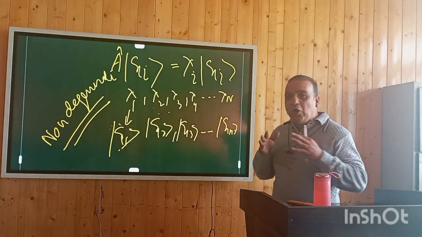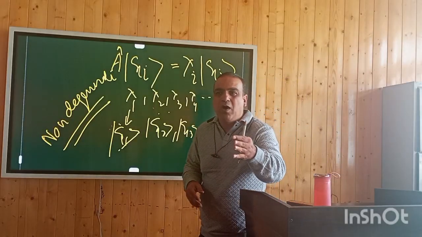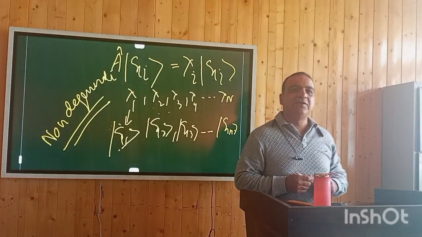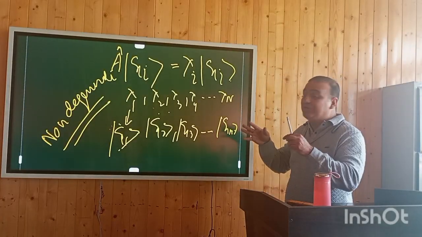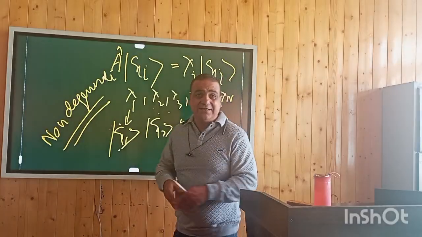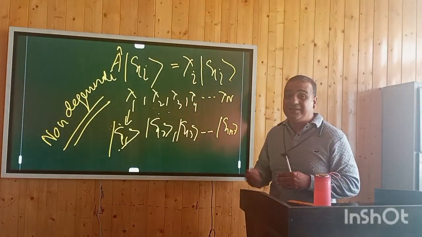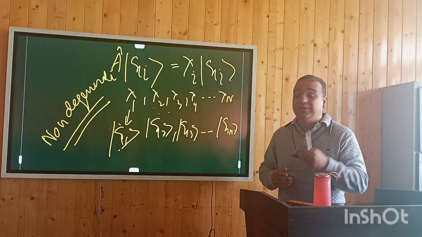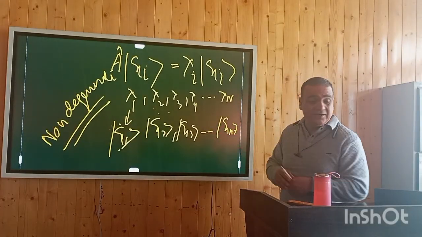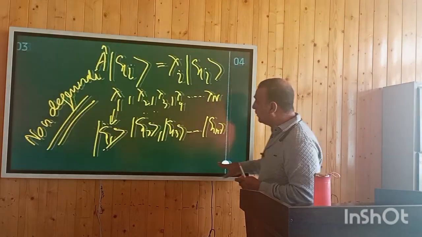So for non-degenerate, corresponding to each eigenvalue, you have one eigenvector. Is this clear? We don't have to discuss non-degenerate and degenerate in detail, at least in this class. In quantum second, you will have to go through these theories in the framework of perturbation. But here, at least we have an idea of what non-degenerate means.